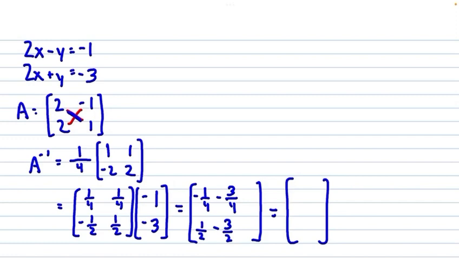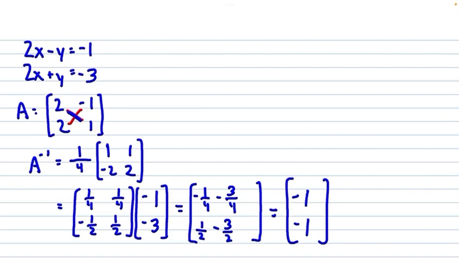Negative 1/4 minus 3/4 gives us negative 4/4, which is negative 1. 1/2 minus 3/2 is negative 2/2, which also gives us negative 1. All right, so our answer for x and y is negative 1 and negative 1.